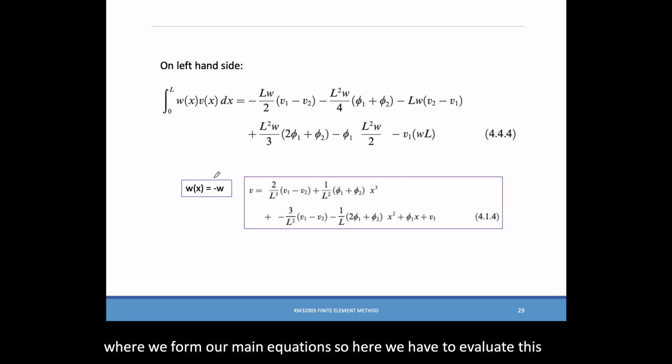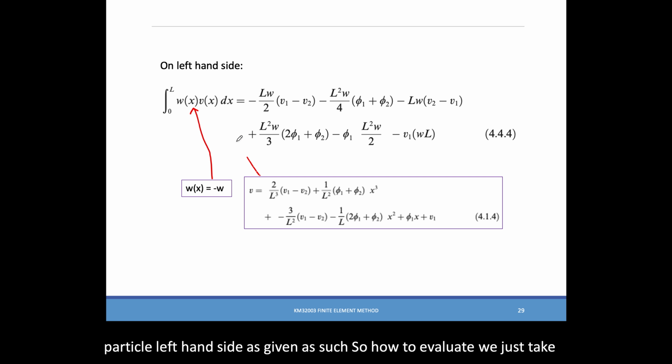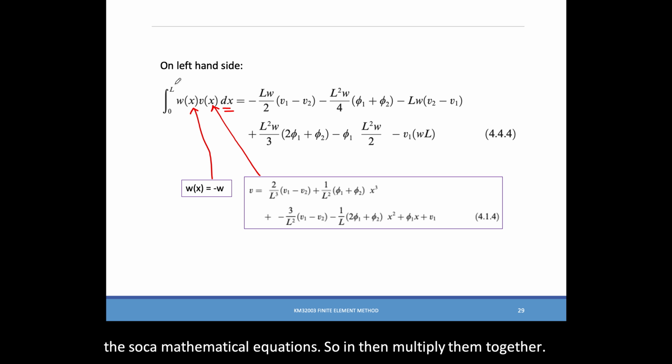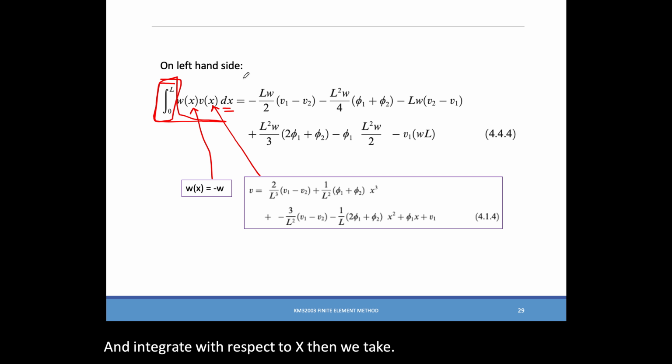We just take the mathematical equations, put this in, multiply them together and integrate with respect to x, then we take the finite integral of them, and we would get this.